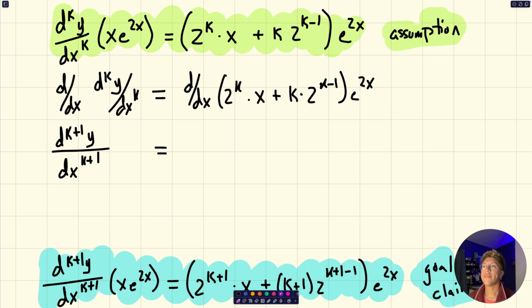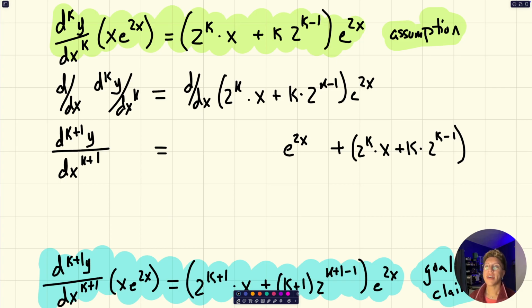So we're going to take the derivative of the first and then keep the second the same. So since we're keeping the second the same, we'll write that down as e to the 2x. And over here, we're going to keep the first part the same. And so we can go ahead and write that part down. And then derivative of the second.